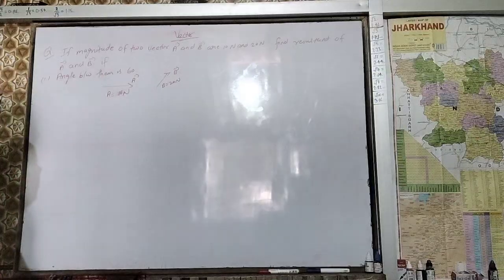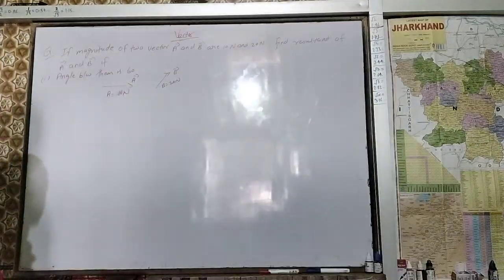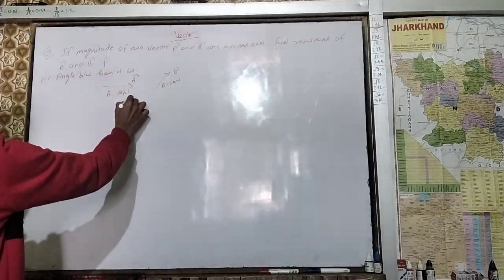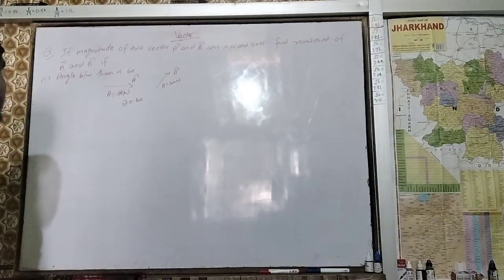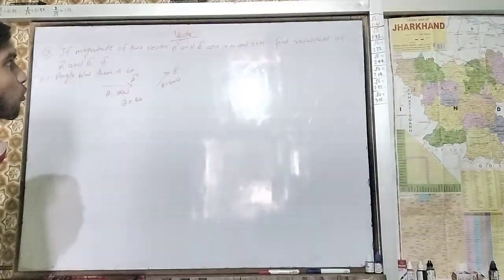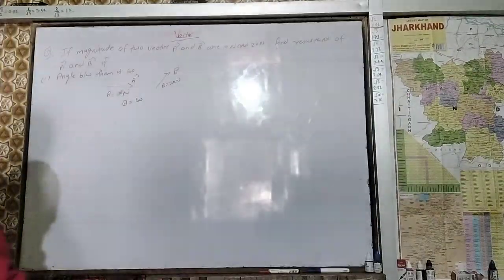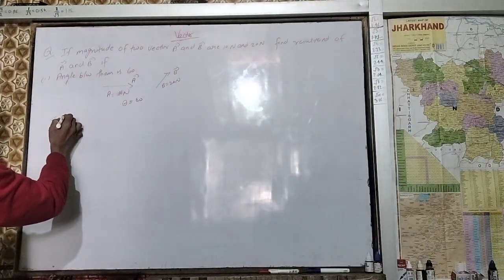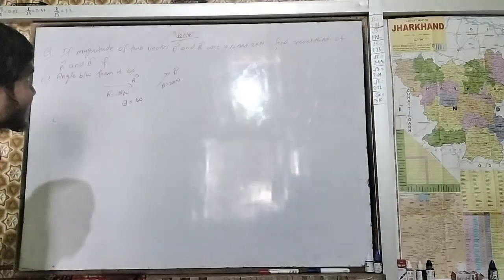Find the resultant of the vectors. The angle between these two vectors is 60 degree, and we have to find the resultant vector C.